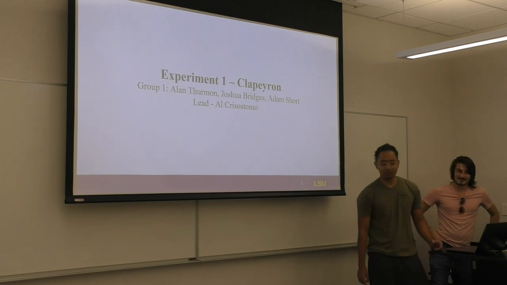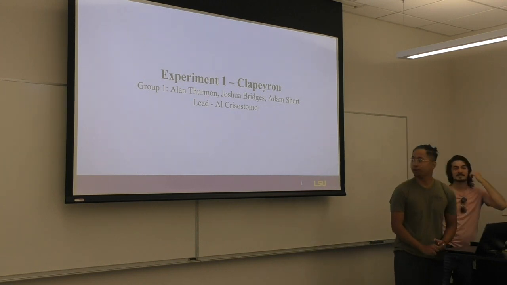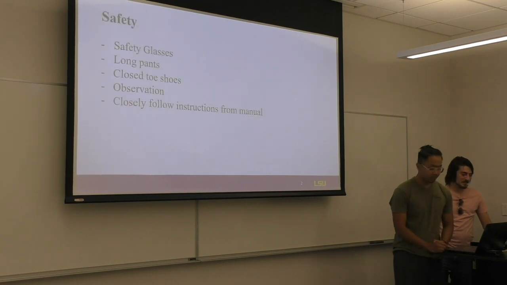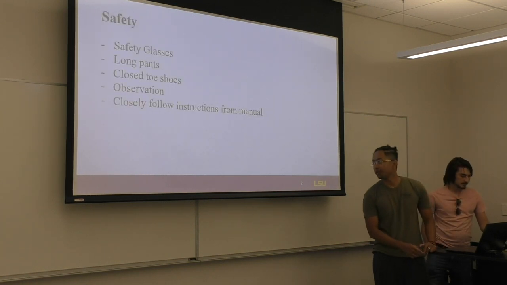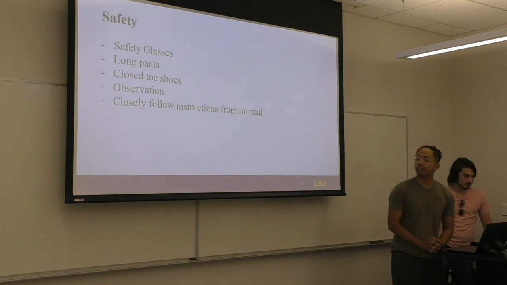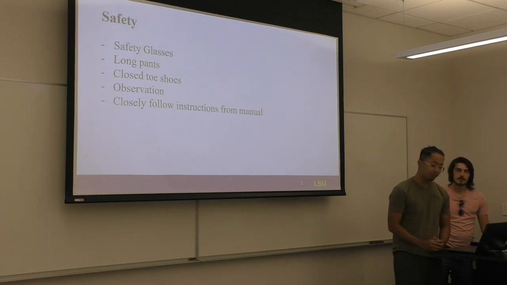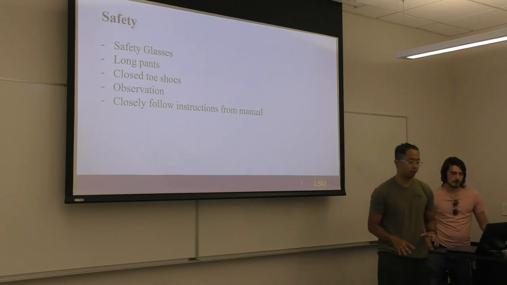My name is Al. I'm part of Group 1, and I'll be talking about the Clapeyron experiment. First and foremost, when you're starting an experiment, you have to worry about safety. So you have to wear safety glasses to protect your eyes, and long pants and shoes to protect your lower body.